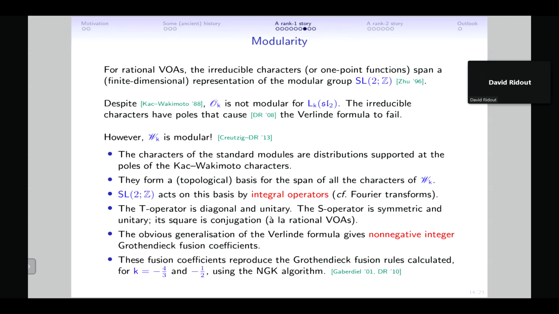But this basis is indexed by, well, it's a continuous, it's an uncountable basis, and so we have a continuous parameter corresponding to these families. And so when we want our modular group to act, we're not going to act on a character and return a linear combination of characters in the usual sense, right? Not a finite sum, not even an infinite sum of characters.